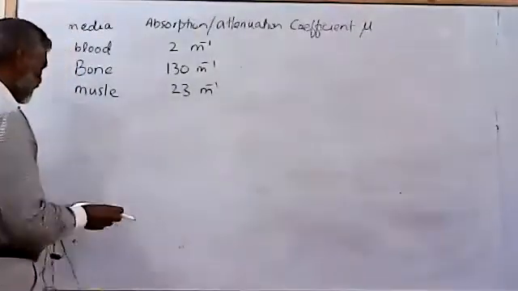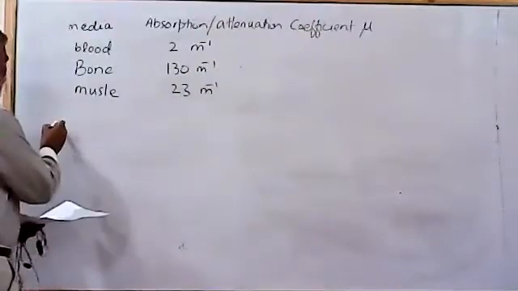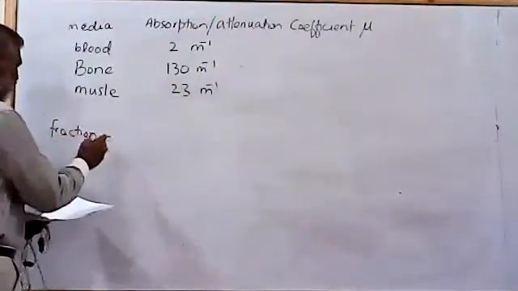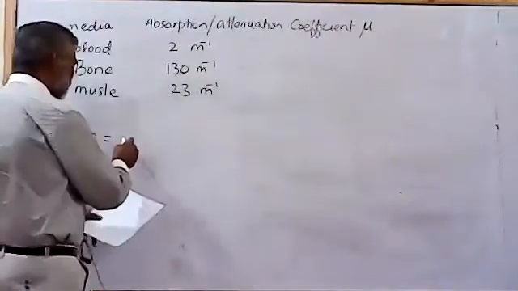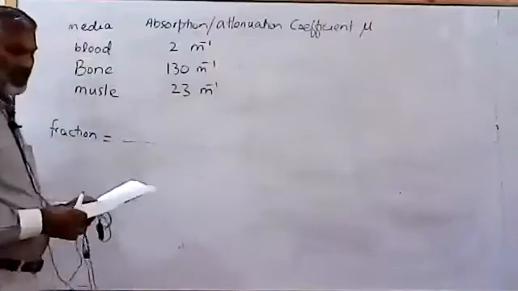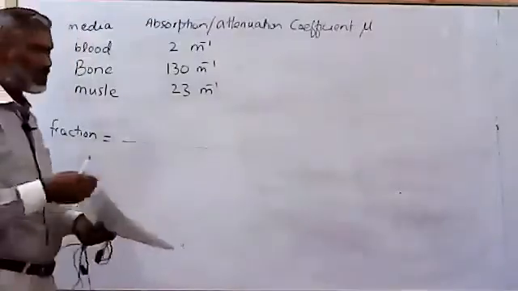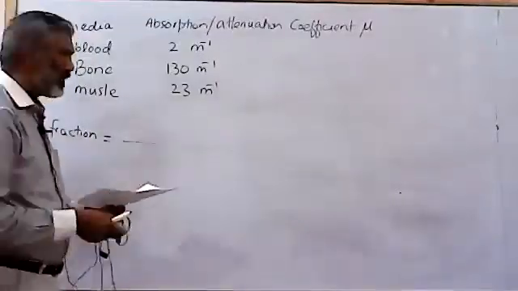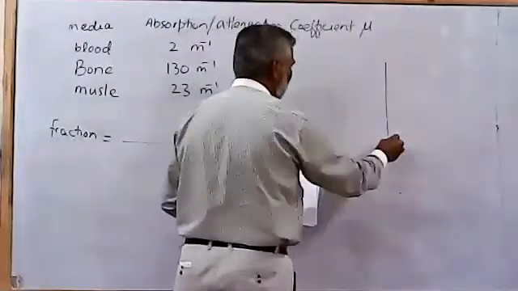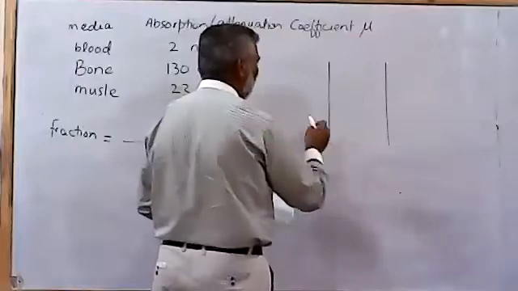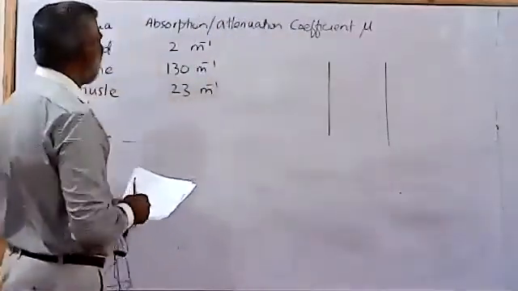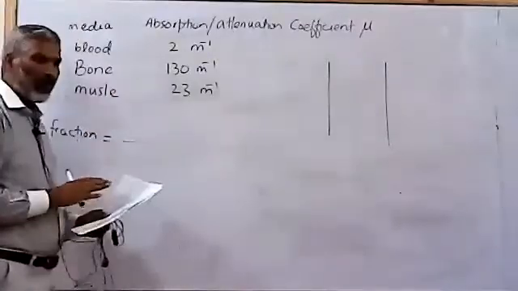The question is, what is this fraction equal to? This is the fraction of the intensities that pass through the same length of different media. For example, this is the length of the section of the body in which we have blood only.